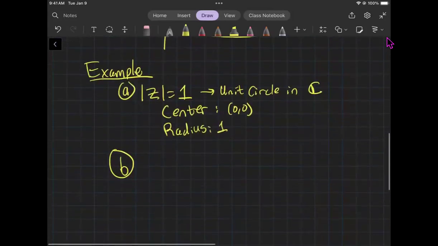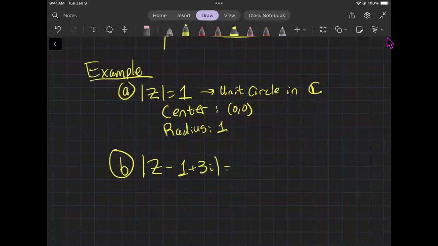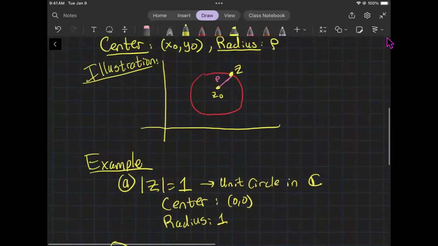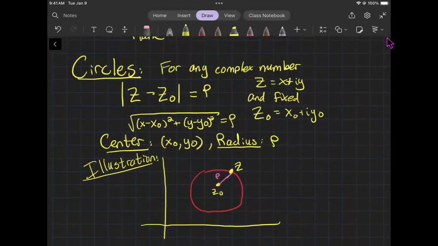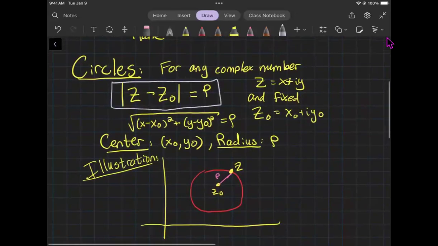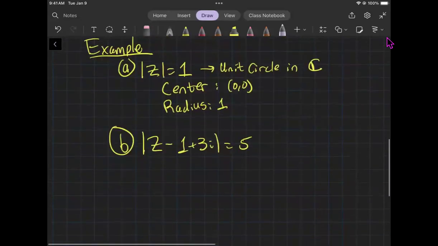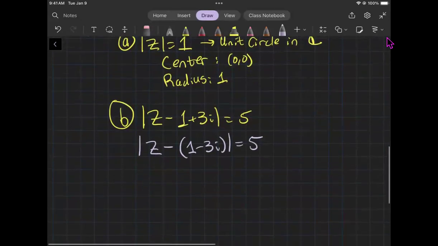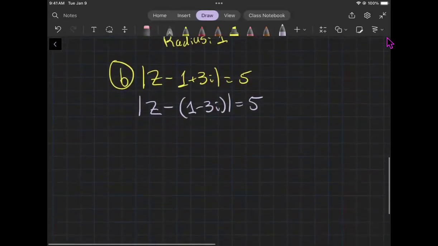How about this one? |z - (1 + 3i)| = 5. Well, we want to write out the equation of a circle like this, right? |z - z0| = rho. So if I factor out the minus sign, z - (1 + 3i), then we'll have it in the right form.